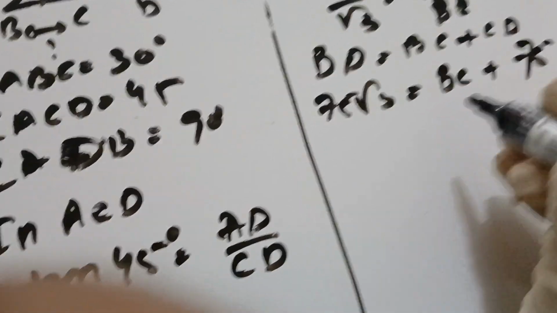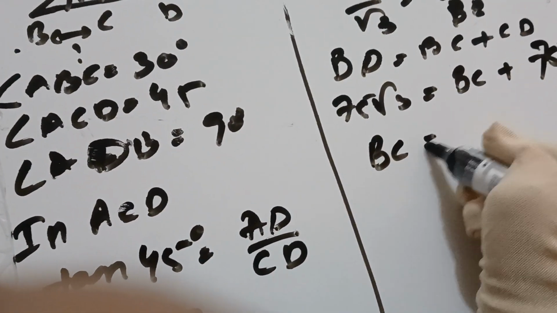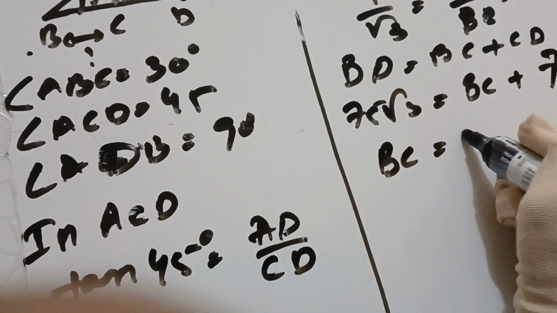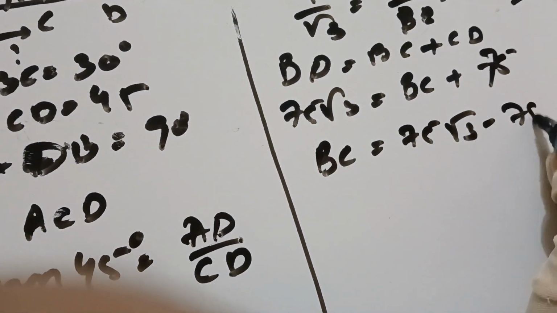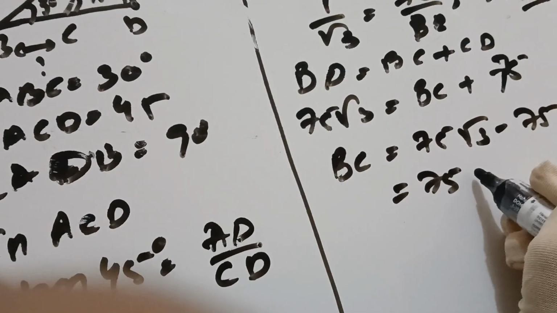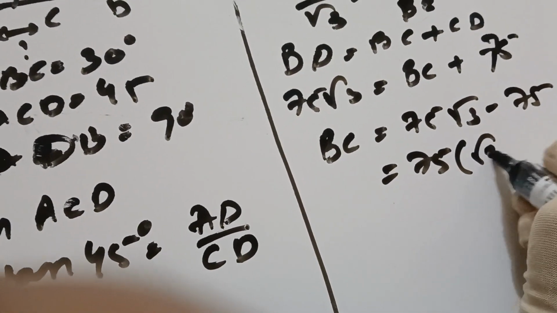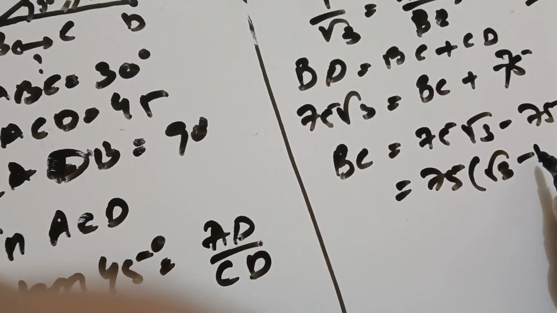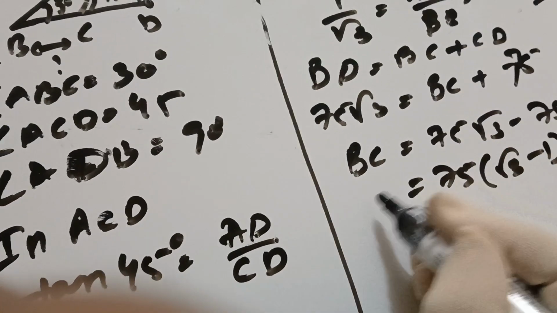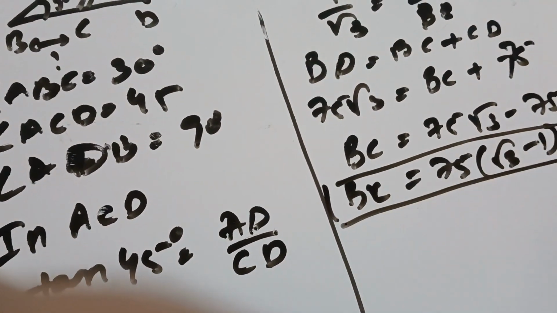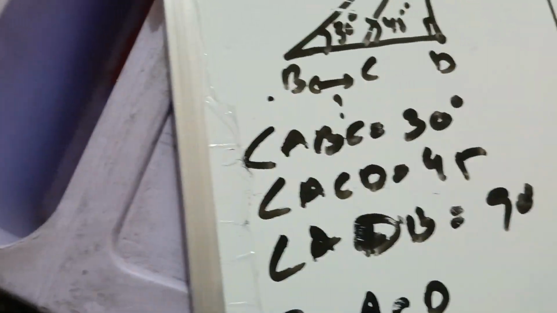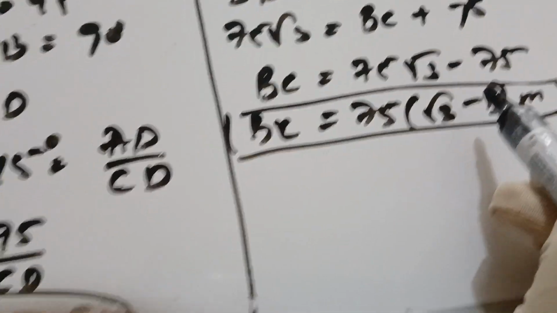So BC is equal to 75 root 3 minus 75. Taking 75 common, we get 75 times root 3 minus 1 meters. So we have calculated BC is equal to 75 root 3 minus 1 meters.